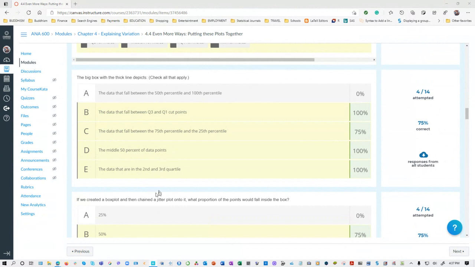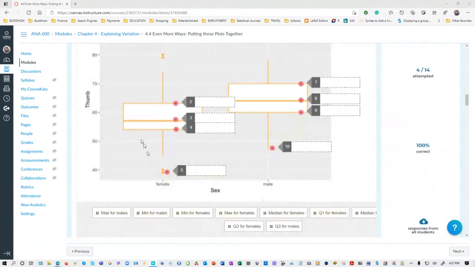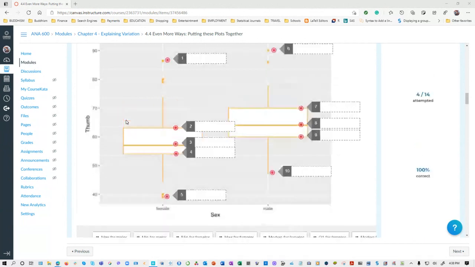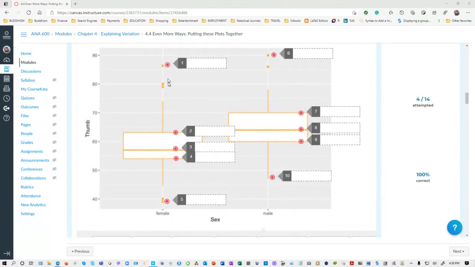The big box with the thick line depicts the data that are in the second and third quartile, both of them. This is the third quartile, this is the second quartile, and all the way up to here is the fourth quartile.